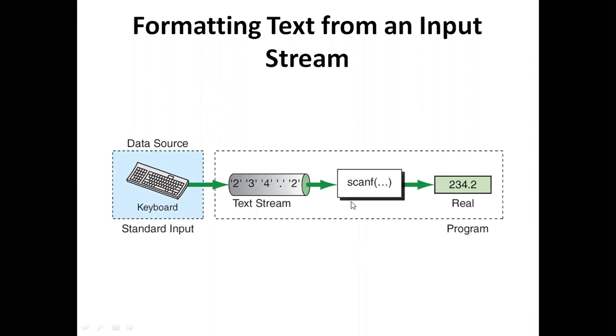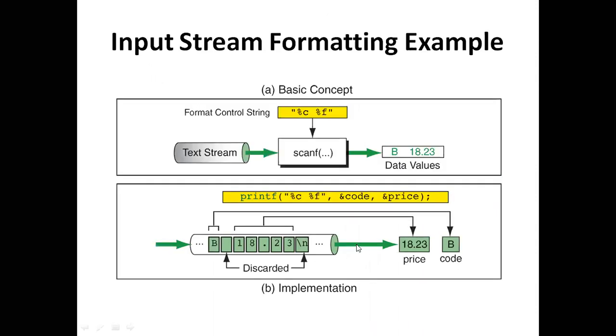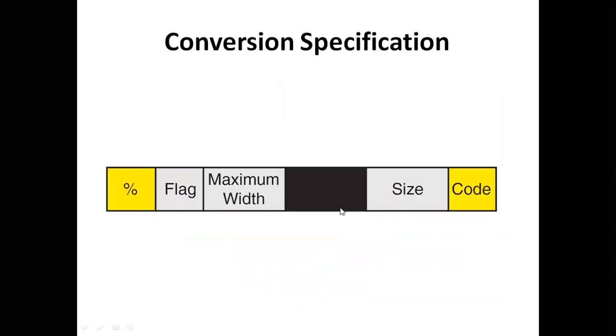From the keyboard, by using the functionality called scanf. Similar to the output stream formatting diagram, here instead of code and price, we indicate &code and &price. The ampersand is used to indicate the address.